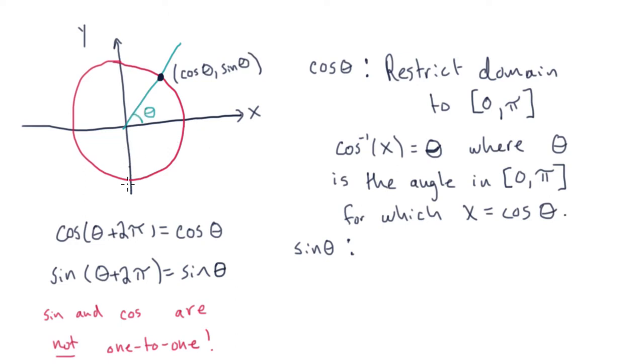Actually, we want theta to be between -pi/2 and pi/2. Along this right half of the unit circle, all of the y-coordinates will be unique. So for sine, we'll restrict the domain to -pi/2 to pi/2.